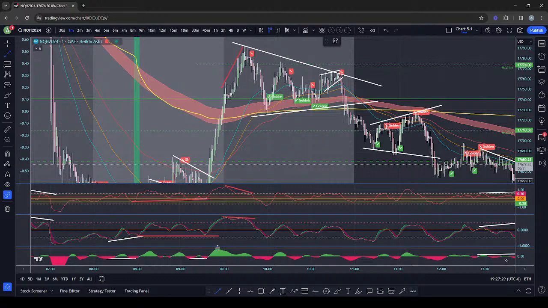And on the TTM squeeze, check this out. This is down. You can even see that. So I've got 3 confirmations right here, 3 confluences, plus the trading oracle signal, and I'm going to go down.